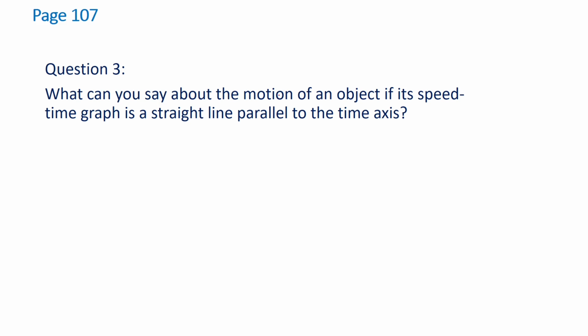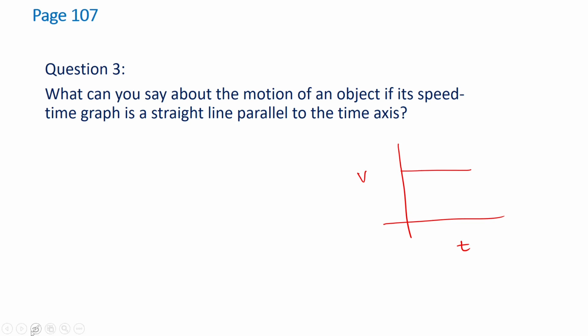Next, what can you say about the motion of an object if its speed time graph is a straight line parallel to the time axis? On the y-axis it is speed, and on the x-axis it is time, and the graph is parallel to the time axis. We can say the speed of the object is constant.